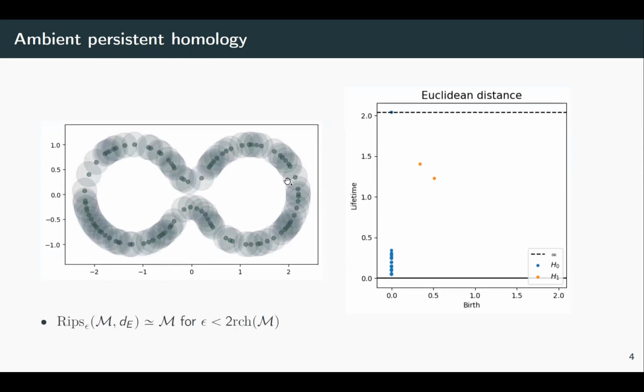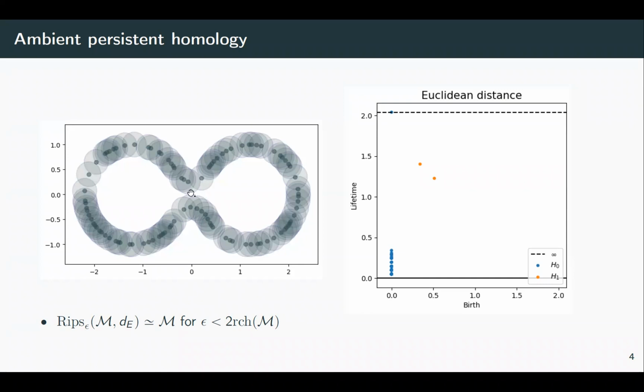Well, in this computation, we use the Rips filtration, and we use a distance, which in this case is the Euclidean distance, because it's the first choice if you have points in Euclidean space.